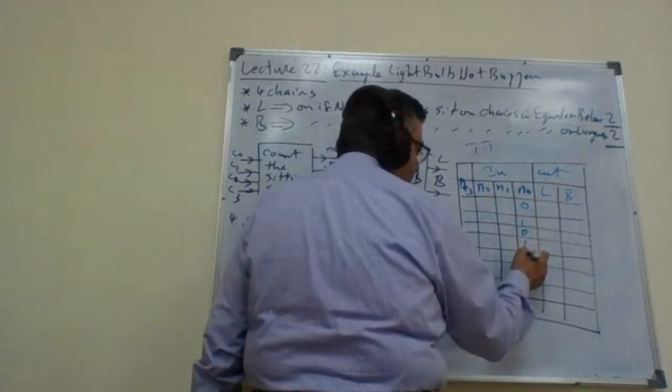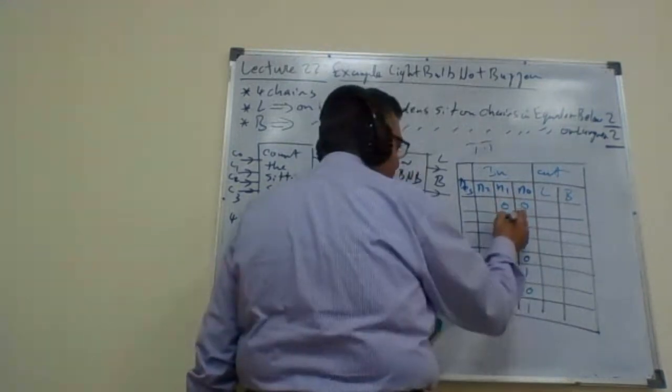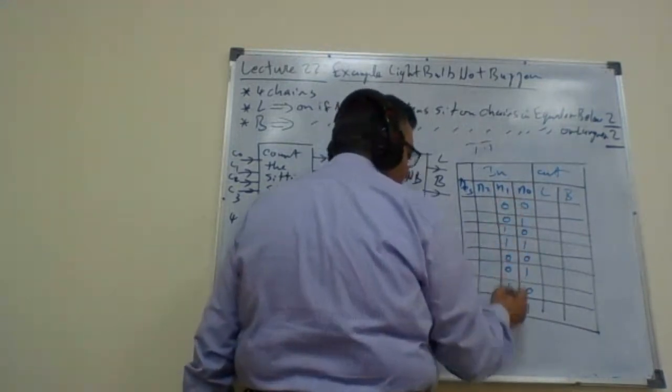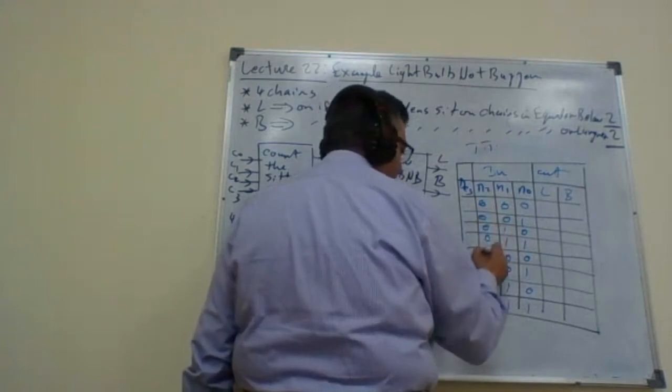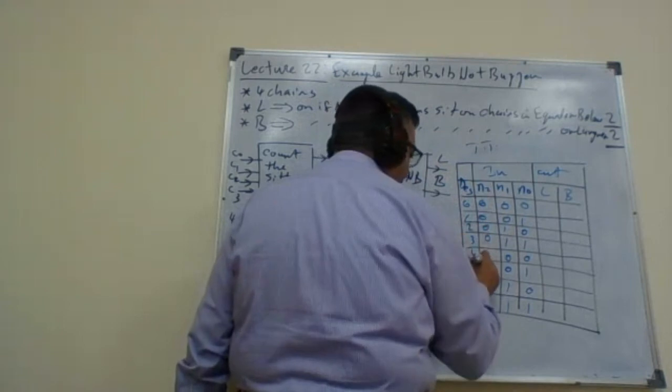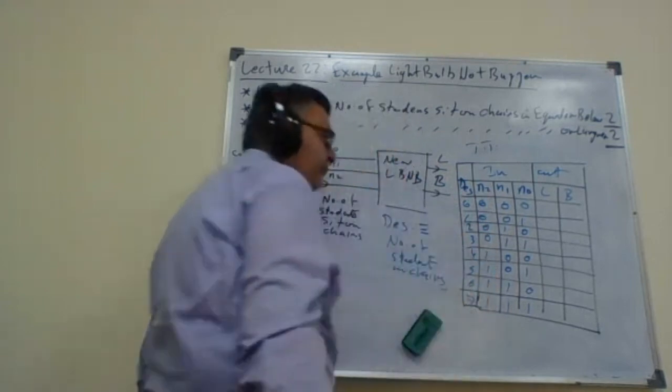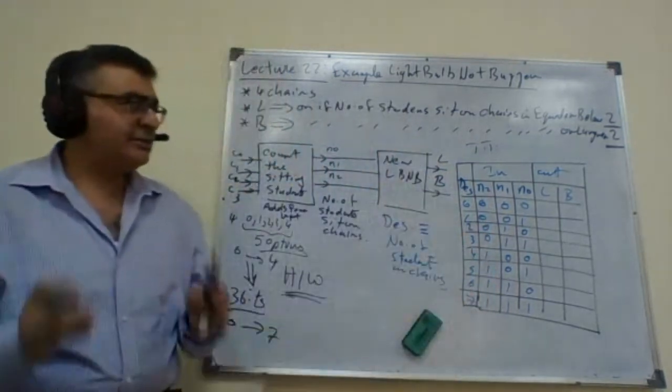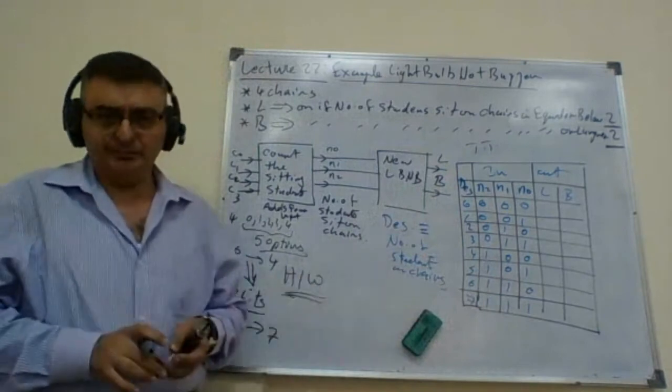The input columns are 0, 1, 0, 1, 0, 1, 0, 1, then 0, 0, 1, 1, 0, 0, 1, 1, then 0, 0, 0, 0, 1, 1, 1, 1, giving the designator values 0, 1, 2, 3, 4, 5, 6, and 7. Now the designator represents the number of students sitting on the chairs.